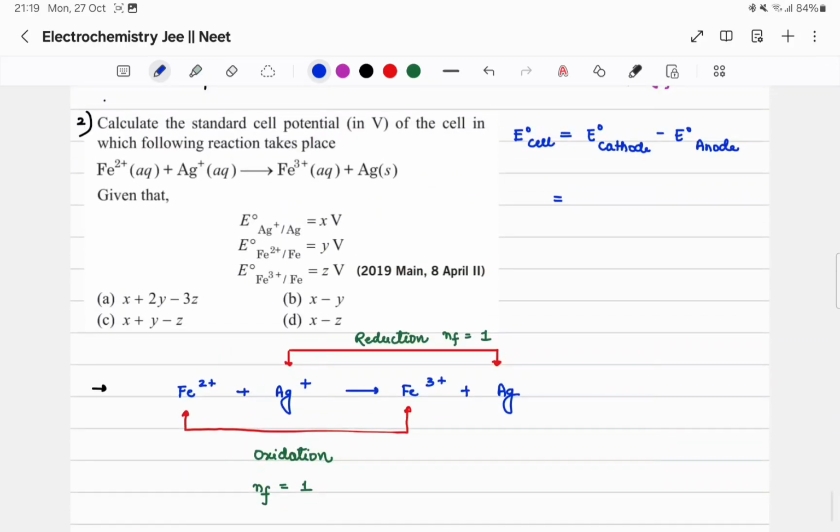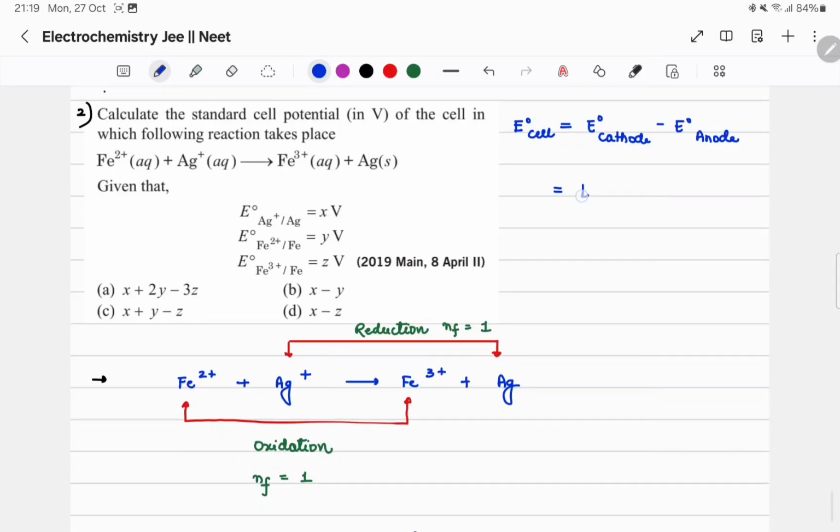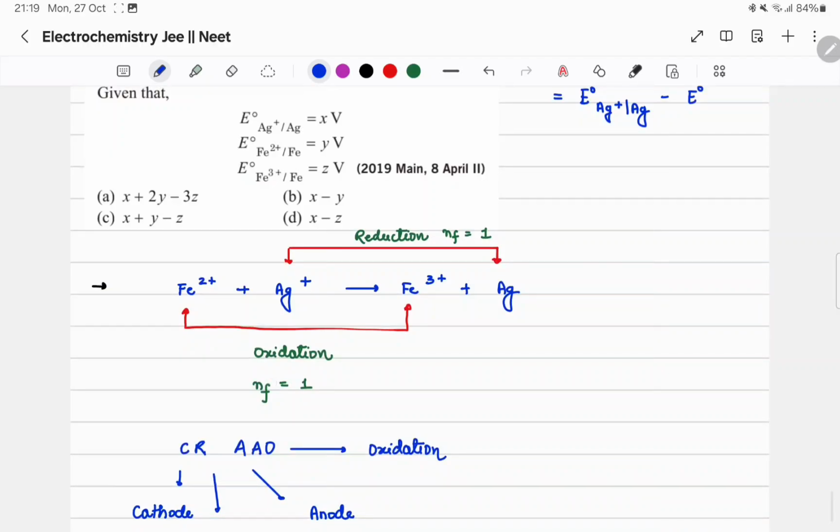If that is the case, reduction is going to take place at the cathode, so the cathode is silver plus. So I can write E naught Ag plus to Ag minus E naught anode. On the anode, oxidation takes place, and the oxidation part is Fe2 plus to Fe3 plus.